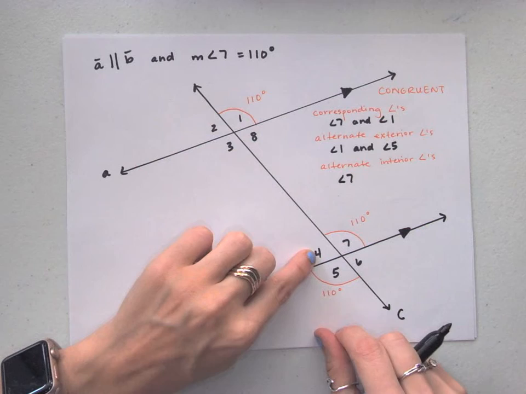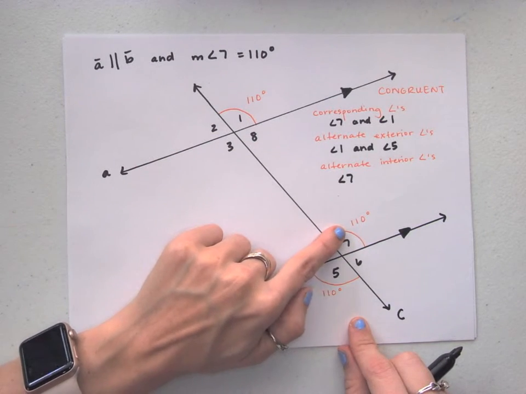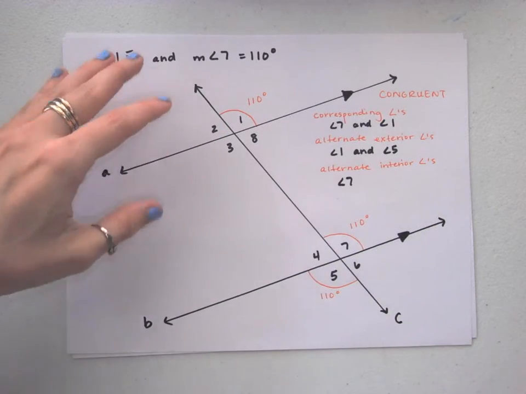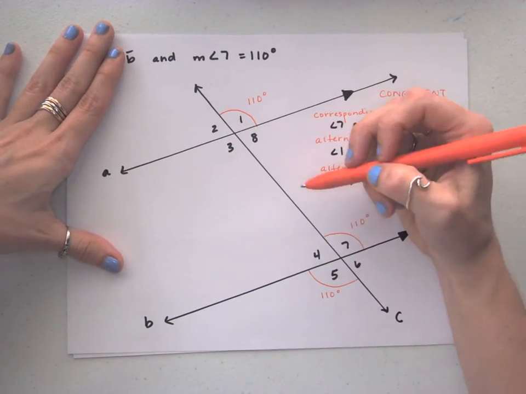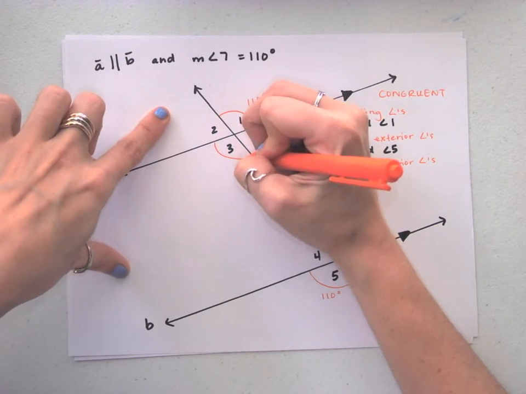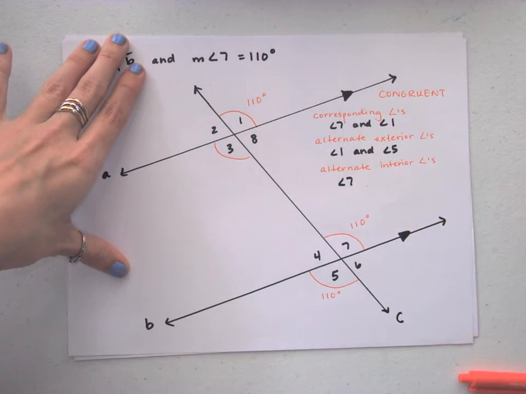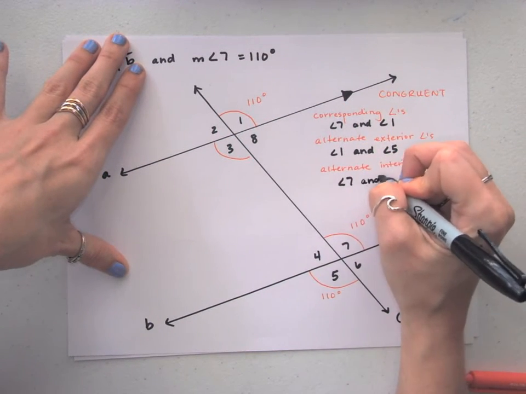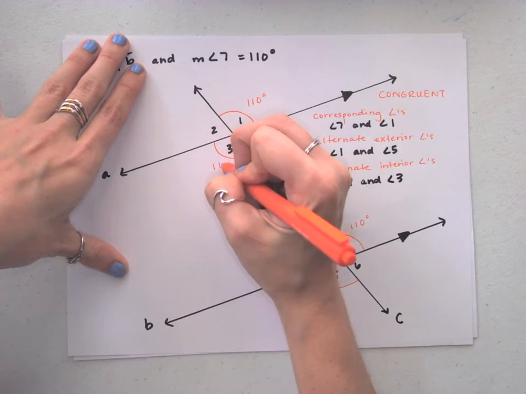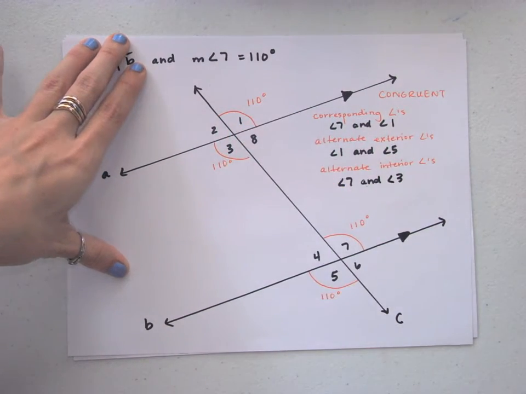It's not angle 4. It's actually flipping over the transversal to the other side of the interior. So the alternate interior angles here are angle 7 and angle 3. And alternate interior angles are also always congruent. So therefore, angle 3 is 110 degrees.